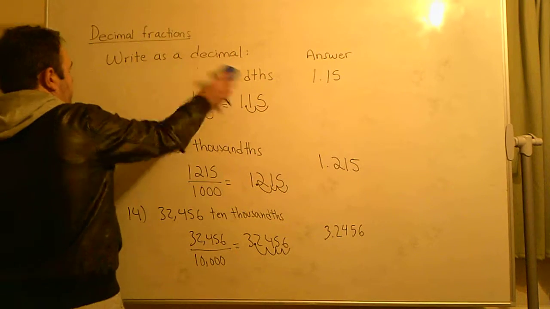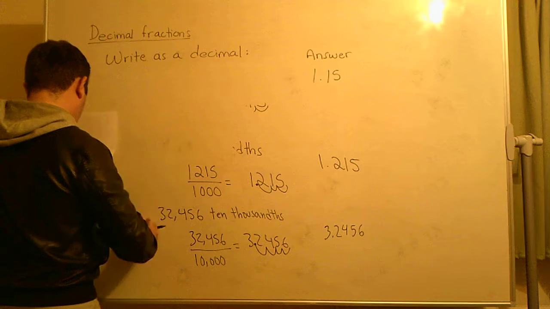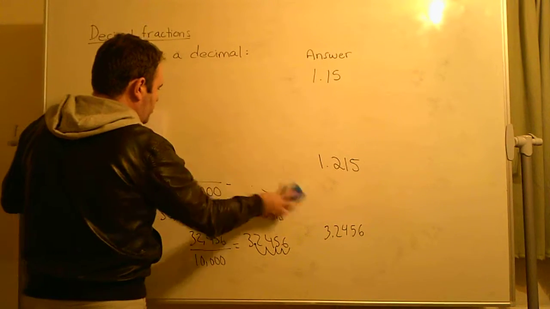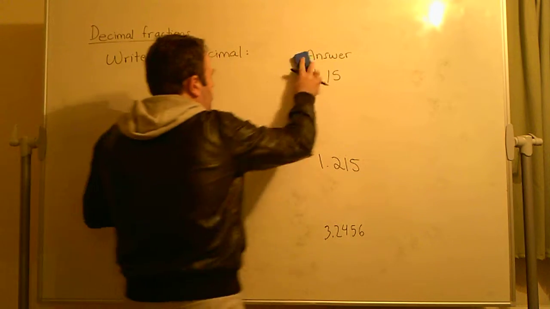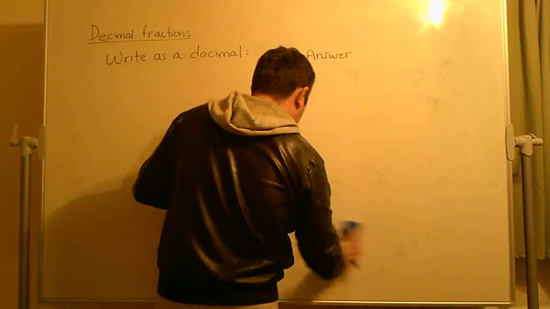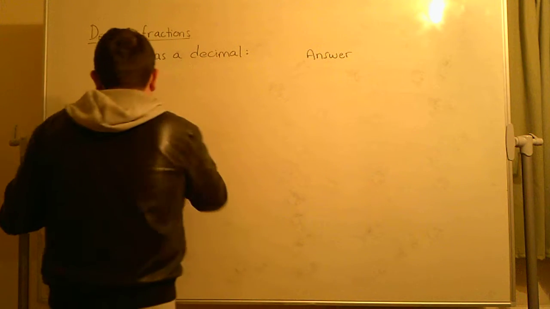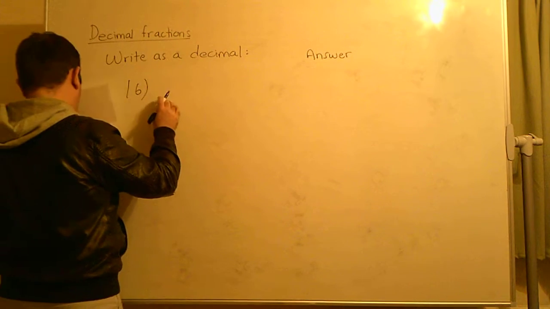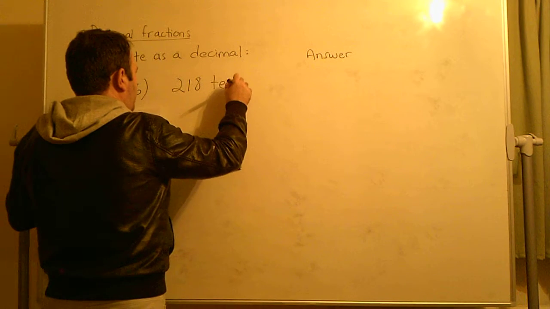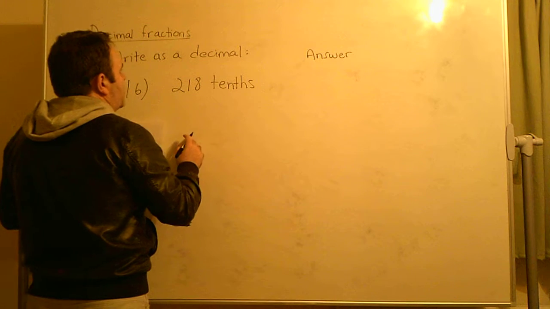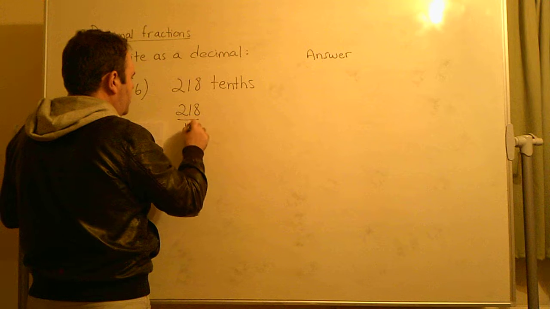Another example. Six. 218 tenths. So what we do is we write down 218 divided by 10.